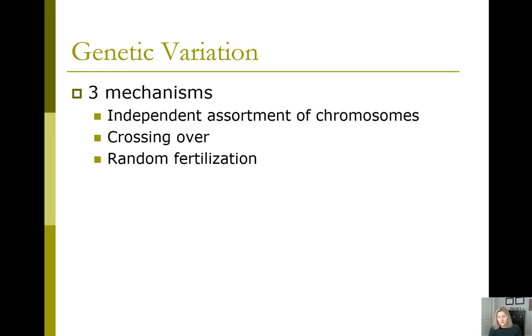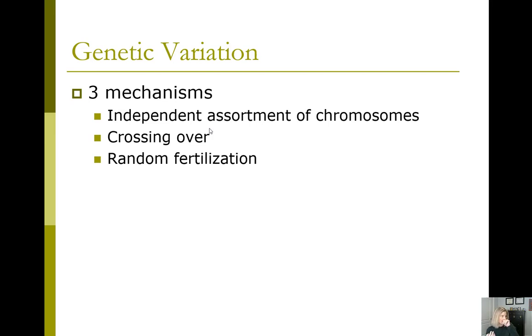Every single gamete being produced has a unique combination, or unique shuffling, of the parent's genes. That is due to a couple of things. It's due to the crossing over effect, which we talked about, occurring during prophase 1. It also occurs due to the independent assortment of chromosomes.